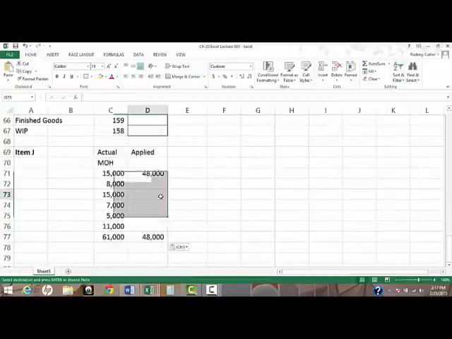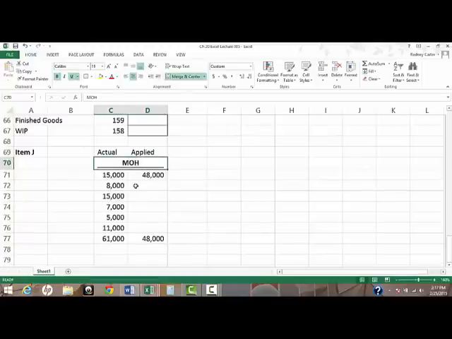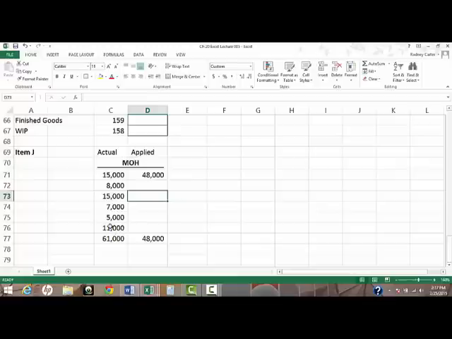I know you guys love my T accounts very much. Here is our analysis of our manufacturing overhead account. What does this tell us? This tells us that for January we applied $48,000 of manufacturing overhead and we actually incurred $61,000 of manufacturing overhead.